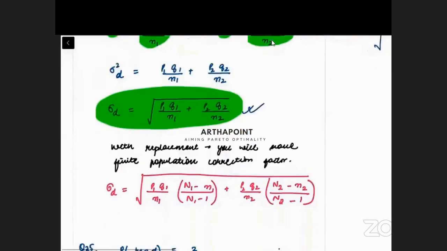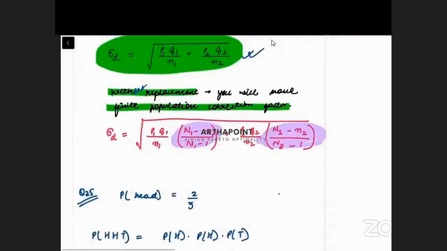But because it is without replacement, we will use something known as the finite population correction factor. So we will have this factor: (N1 minus n1) by (N1 minus 1) and (N2 minus n2) by (N2 minus 1). These would be my correction factors.